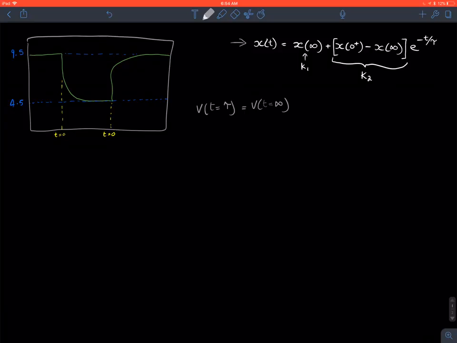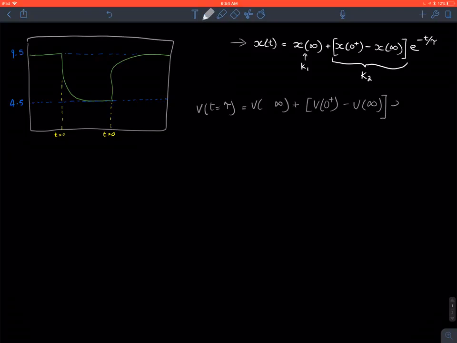That was your K1 if you solve the differential equation. And then you also have this business, and that's just v at 0, or 0 plus, minus your v at infinity. And I'm just using the shorthand here. It's the same as this. I'll make it consistent. Just erase that.